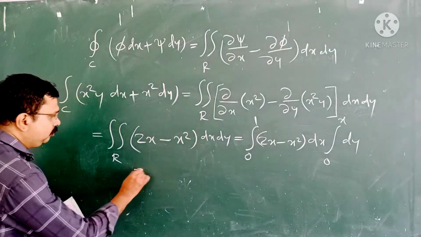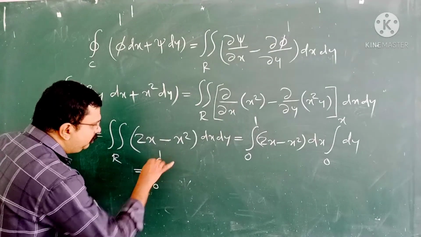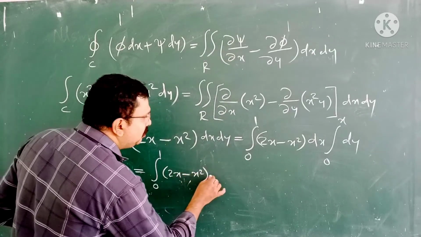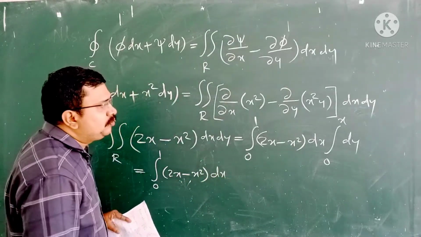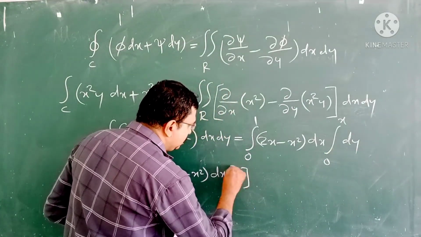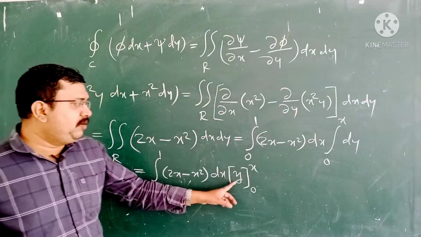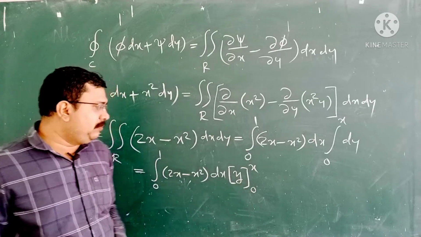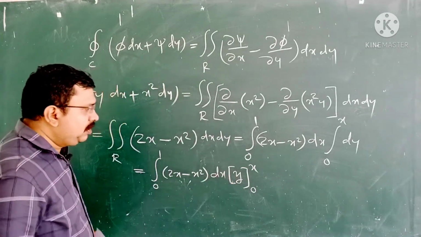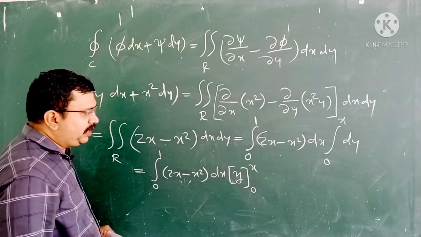Which is equal to integral over 0 to 1 2x minus x square dx into integral dy, that is y. Here lower limit is 0, upper limit is x. First we apply upper limit minus lower limit. Therefore, this term will become x minus 0, that is x.